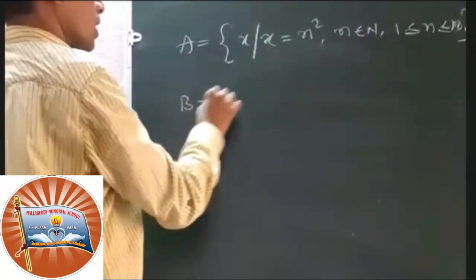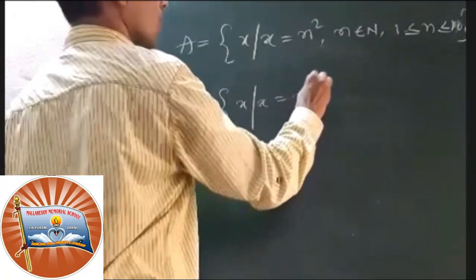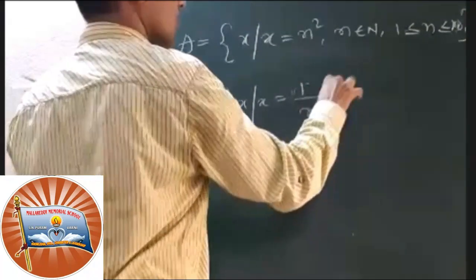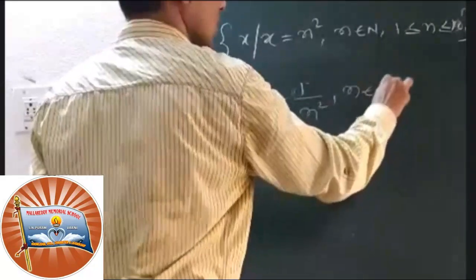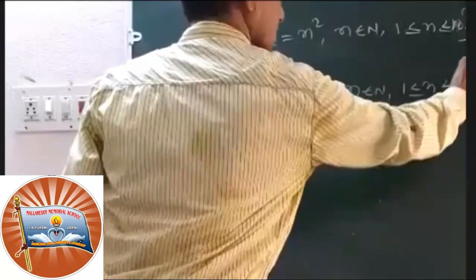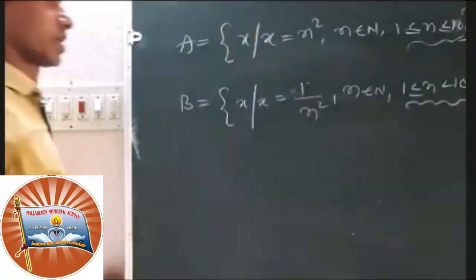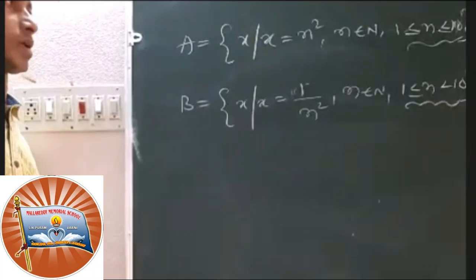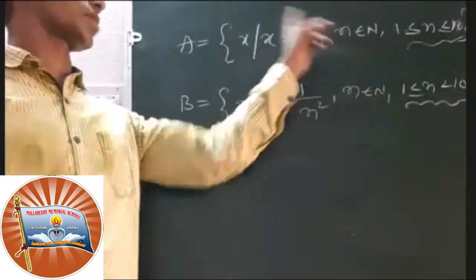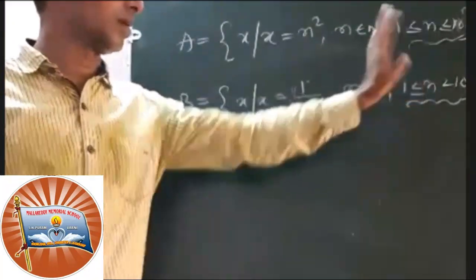Again B is x such that x is equal to 1 by n square, n belongs to N and 1 less than or equal to n less than 10. Now please be very keen. You should be a keen observer. x is equal to n square, x is equal to 1 by n square. The conditions are very important.